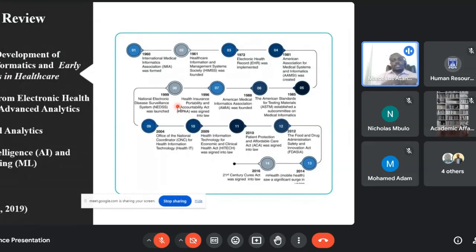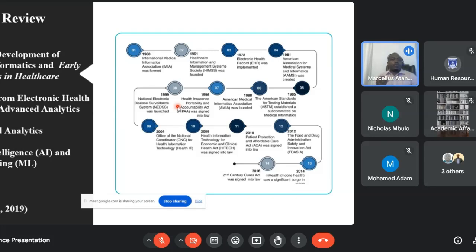In order for us to do this, we quickly took a literature review. So we looked at the historical development of medical informatics and early applications in healthcare.